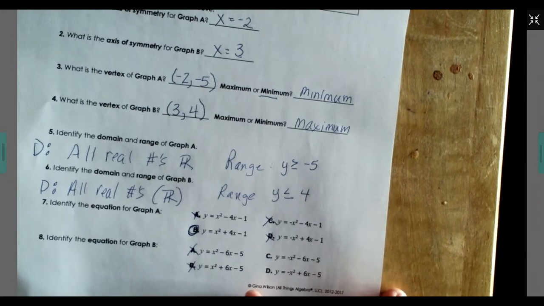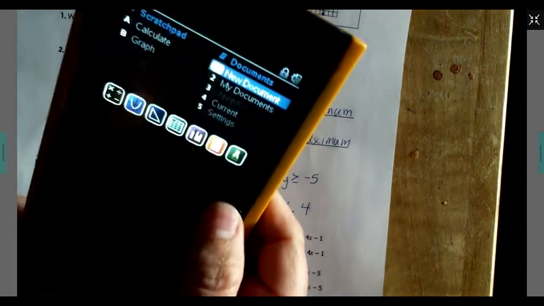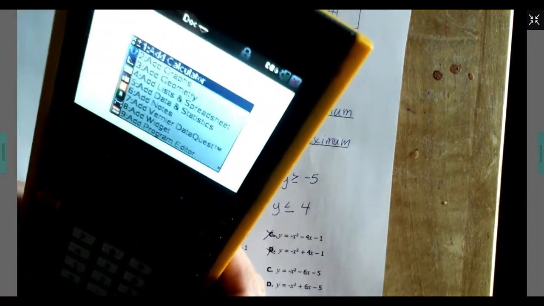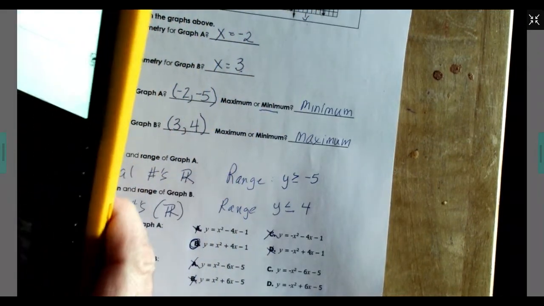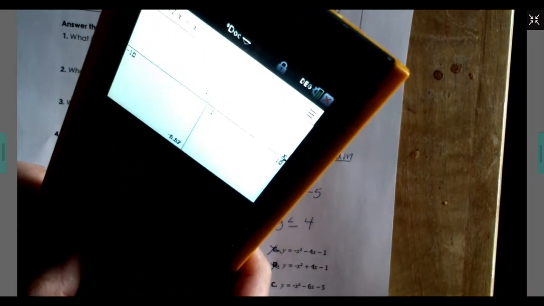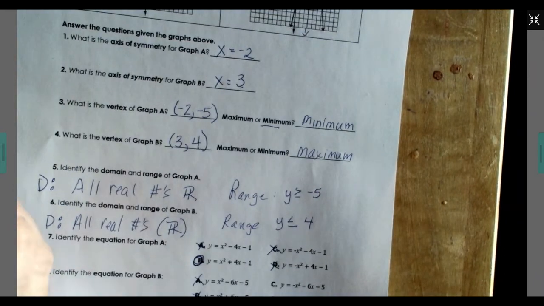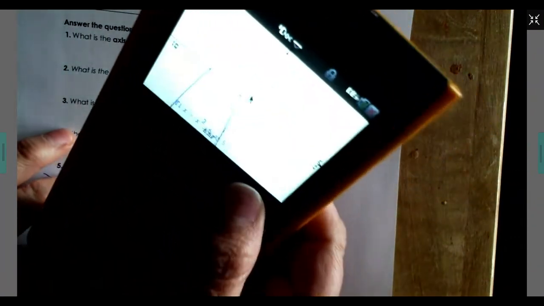So now we want to do the same thing for number 8. So new document, don't save, add graph, and we're going to type in the first choice, negative x squared minus 6x minus 5, hit enter, and we see what it looks like.